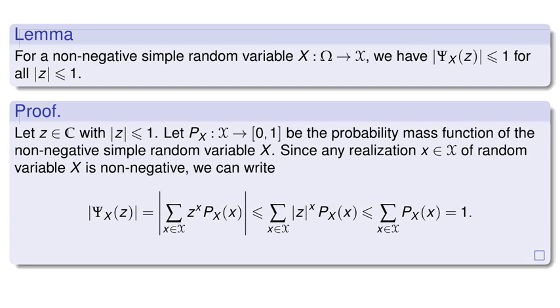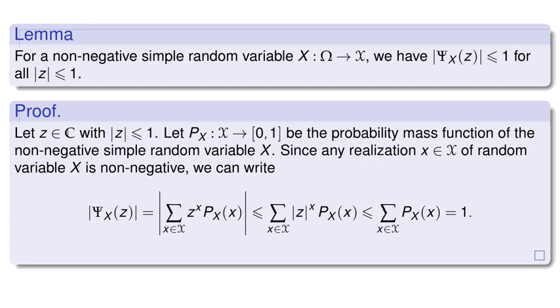Let z be a complex number with magnitude at most 1 and let p_X be the PMF of X. Since X takes only non-negative values x, we can write the magnitude of psi_X(z) as the magnitude of the sum over x in script X of z^x times p_X(x).